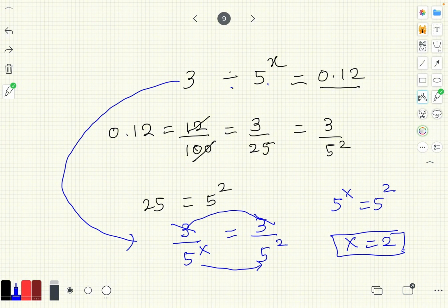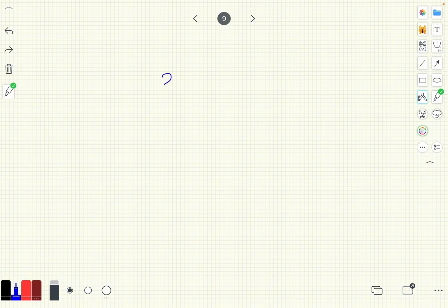Let me increase the complexity a little more, and we will try a slightly trickier question. Let's say 2 times 5 to the x minus 1 is equal to 250. Now see clearly, we're going to use the same idea that we used previously.